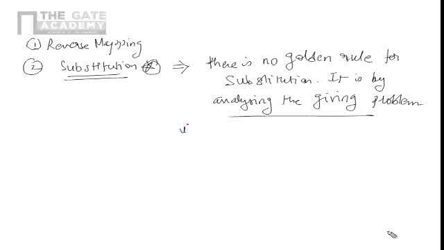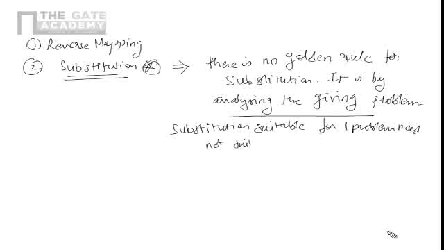A substitution suitable for one problem need not suit the other problem. Please remember this. This is very important because there is no golden rule. It comes only by practice. There is no secret ingredient.